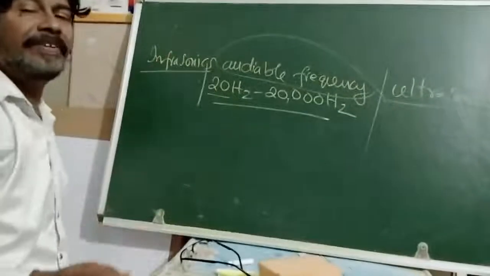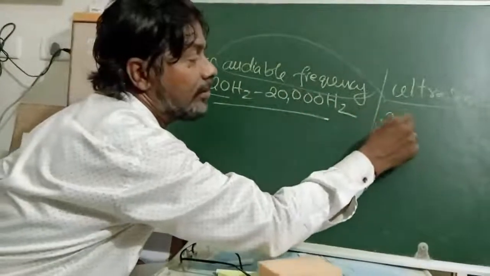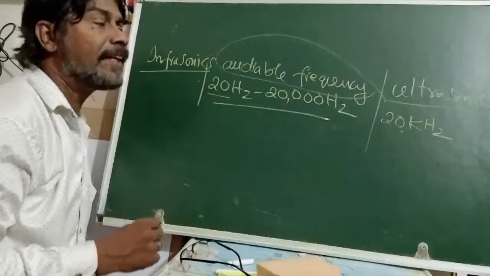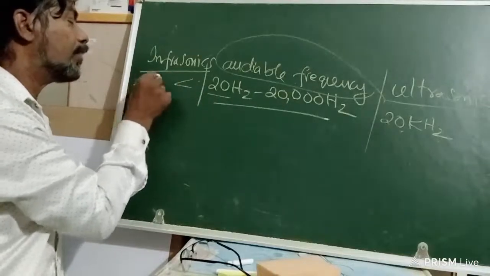Ultrasonics is the frequency greater than 20,000 hertz, 20 kHz. Infrasonics is less than 20 hertz.